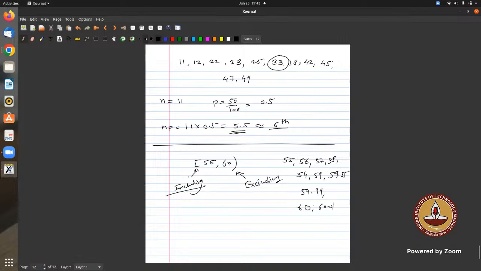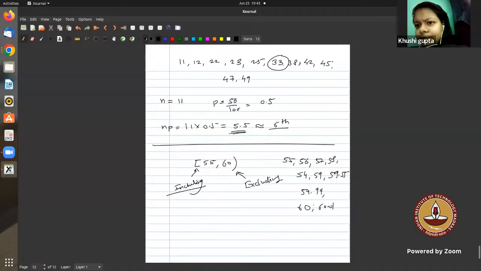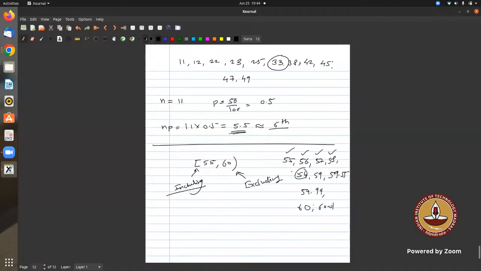Which of these values will come into this interval class? 55 will be included. 54 will not be included. 59 is there. 59.55 will come. 59.99 will also come, right? But 60 won't come. 60.01 also won't come. 59.9999 will come. But once it goes to 60, it won't come into that class interval, right?